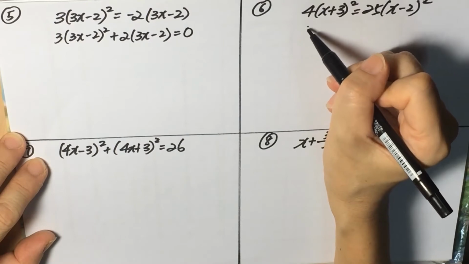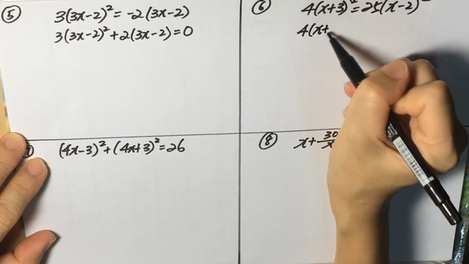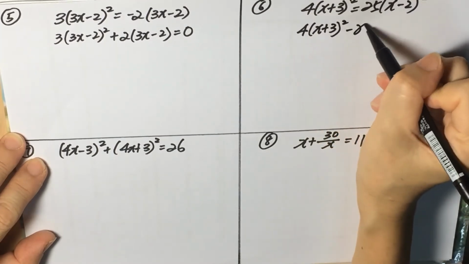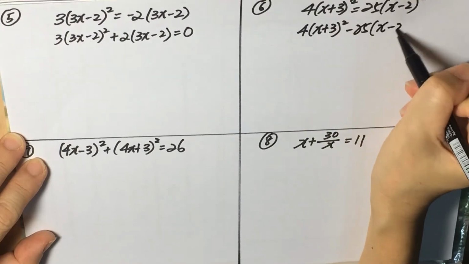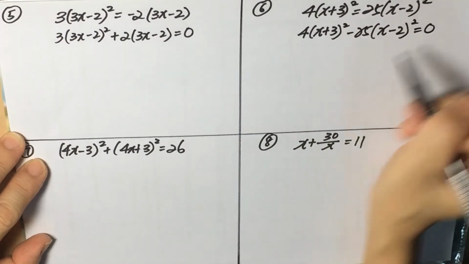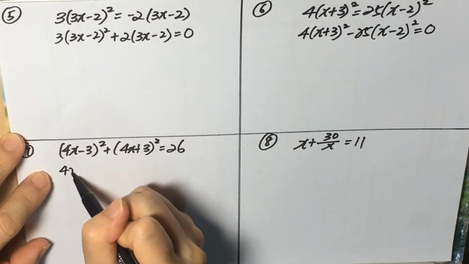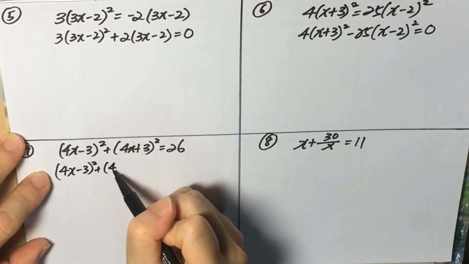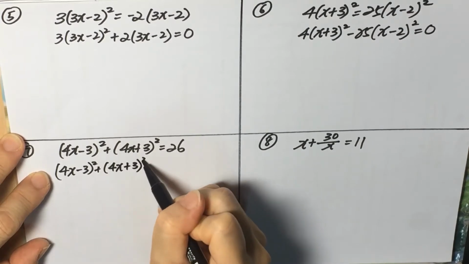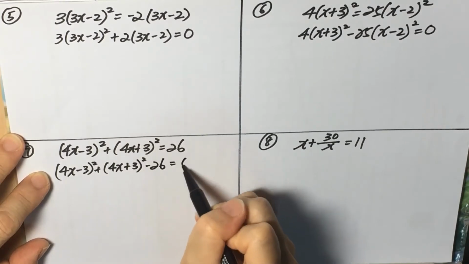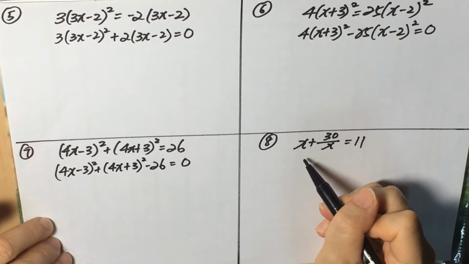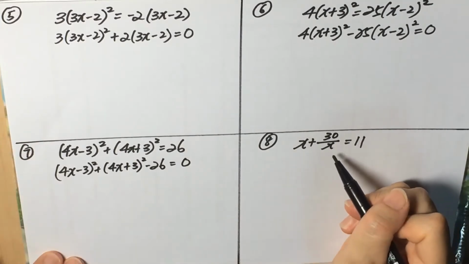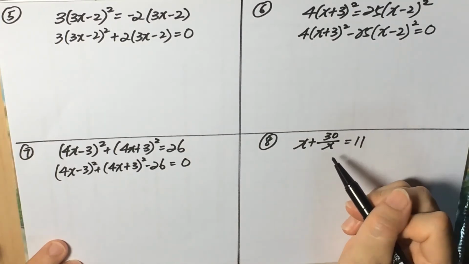So this is (4x plus 3) squared minus (25x minus 2) squared equals 0. And this one is (4x minus 3) squared plus (4x plus 3) squared minus 26 equals 0. And this one I multiply by x throughout because of the fraction, so I will remove the fraction.